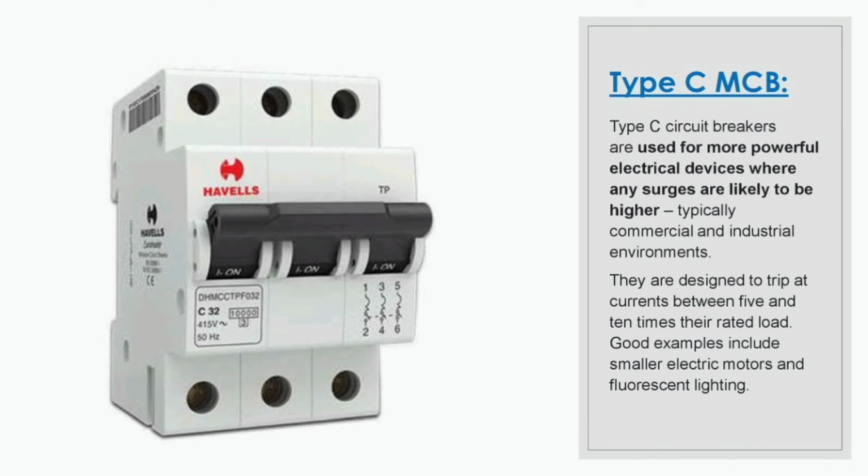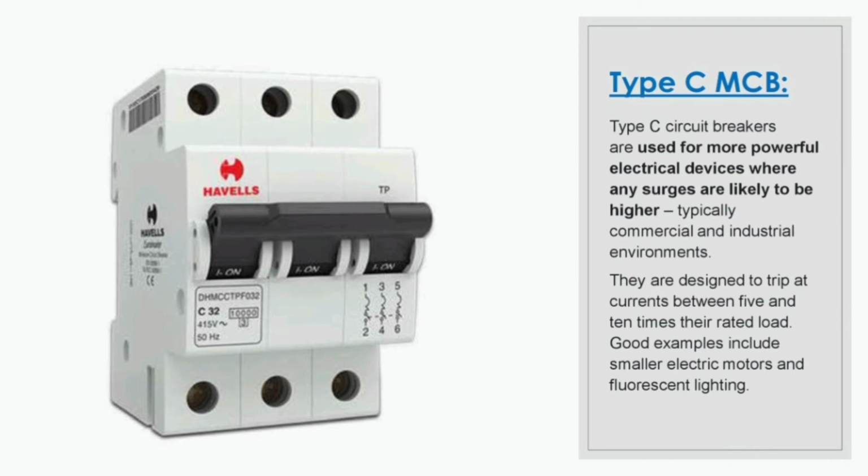Why we use C type MCBs in that equipment: those equipments take higher current at the time of starting, and after that in the running they come to the rated amperes. So that's why we use C type MCBs.